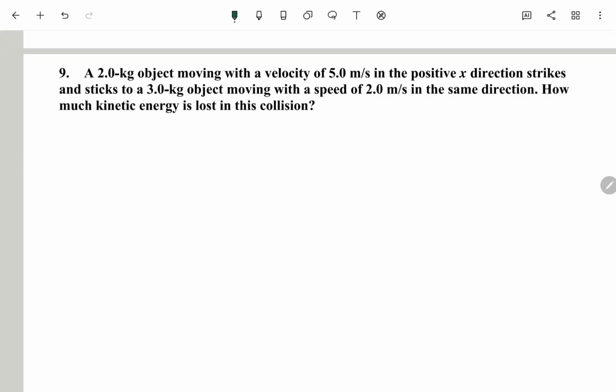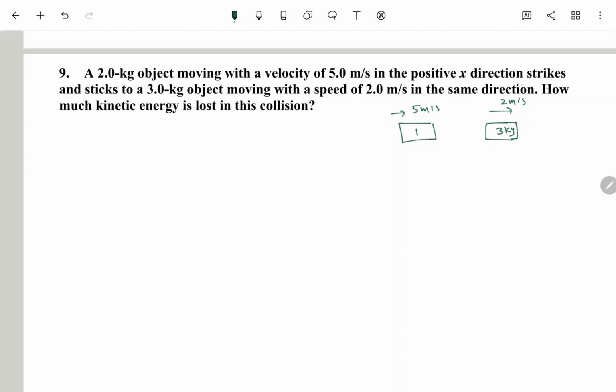Now here's the situation. We have an object, let's name it 1, with mass equal to 2 kilograms and velocity 5 meters per second, moving in the positive x direction, and it strikes another object with mass equal to 3 kilograms, moving in the same direction with a speed equal to 2 meters per second.